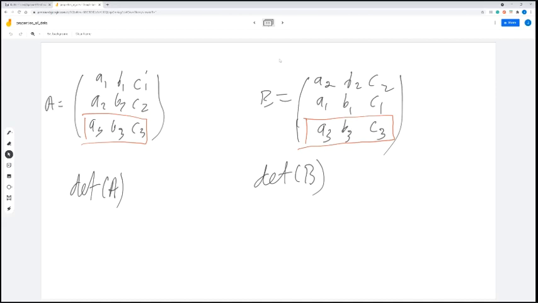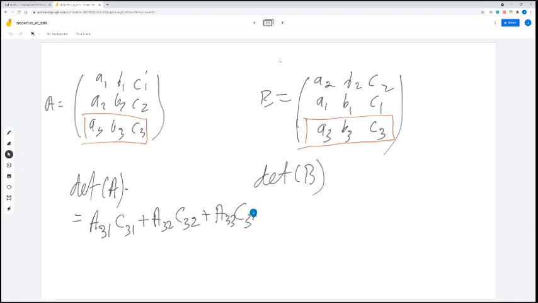Since the determinant is a product of the entries by the cofactors, the determinant of A, if I'm doing it with respect to the last row, is going to be A31 C31 plus A32 C32 plus A33 C33.